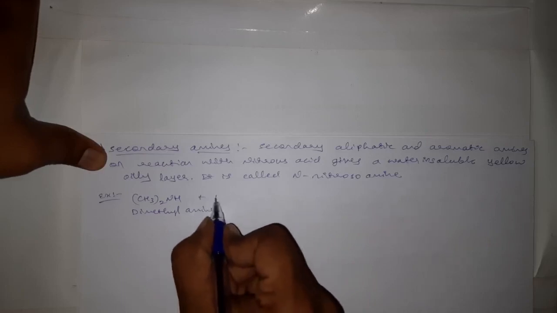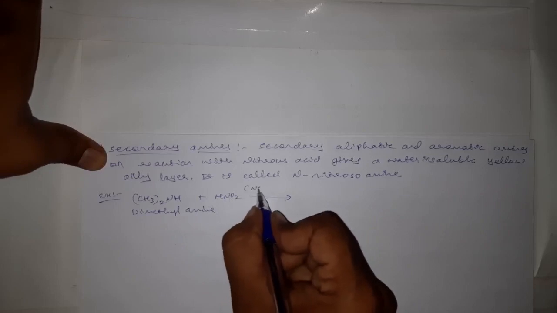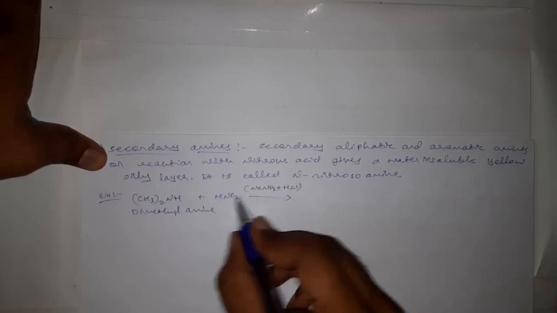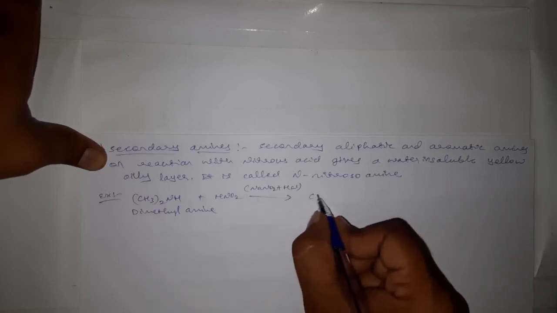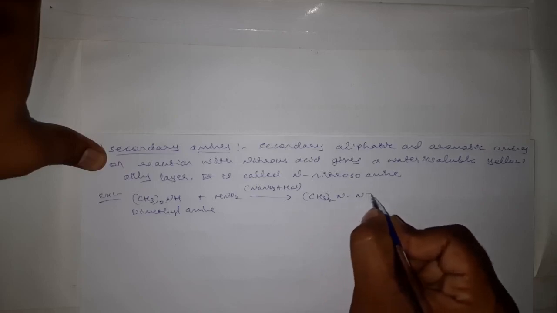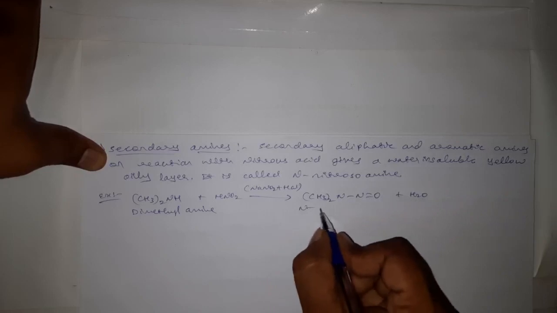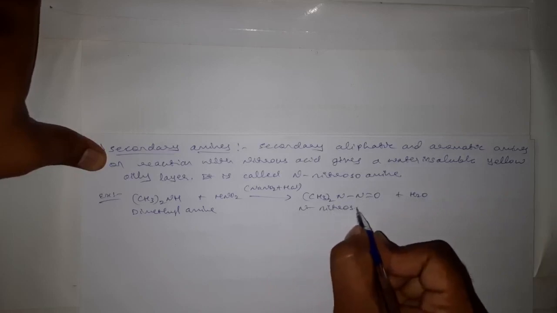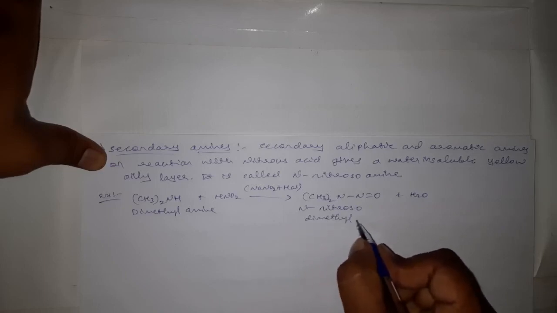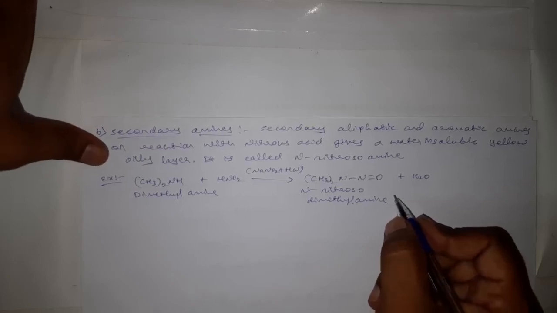Dimethylamine, when it is treated with nitrous acid, that is a mixture of sodium nitrite and HCl, it will react with the nitrous acid and form (CH3)2N-N=O with the loss of a molecule of water, and this is called N-nitrosodimethylamine.